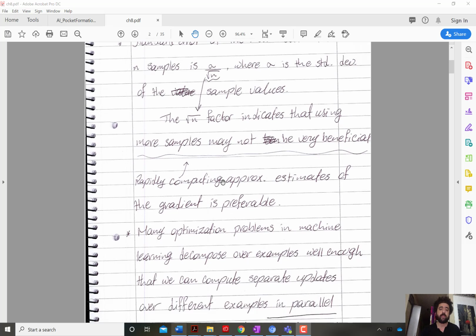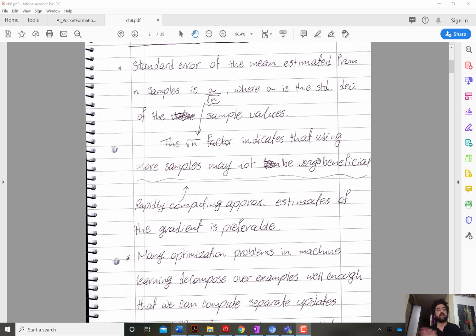So to recap, the standard error doesn't go down by much, so I can afford to have a small mini batch. I could have a statistical advantage because I could avoid redundancies in the training examples used for computing the gradient.